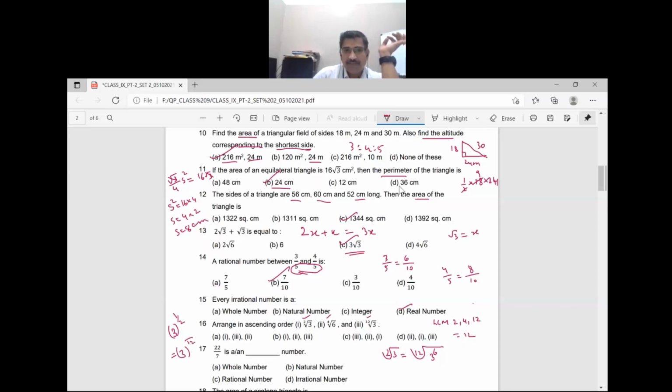So this half I have to get as an equivalent fraction with the denominator 12. Like 3 by 5 with the denominator 10, I multiplied the numerator also by 2, since 5 is multiplied by 2. Same way, when 1 by 2 is written with the denominator 12, the denominator 2 is multiplied by 6 to give 12. So the numerator also should be multiplied by 6.